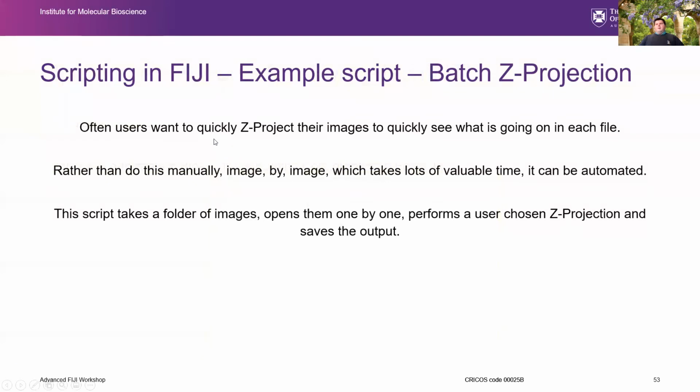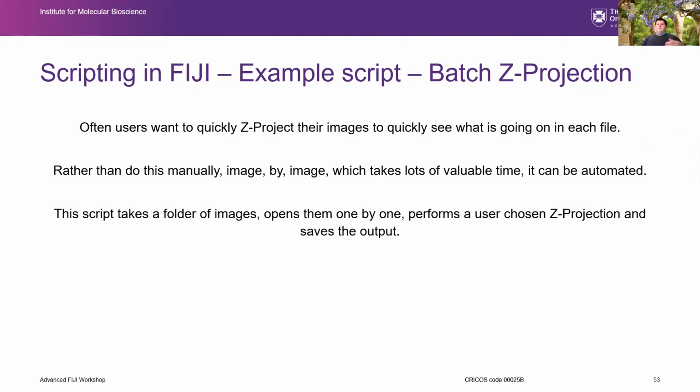So I have a script that I've written that I've provided in the folder, and we're going to call it the batch Z projection script. Now we could just do this as a maximum projection batch process in the way that we showed previously. But maybe not every time we want to do a max projection.